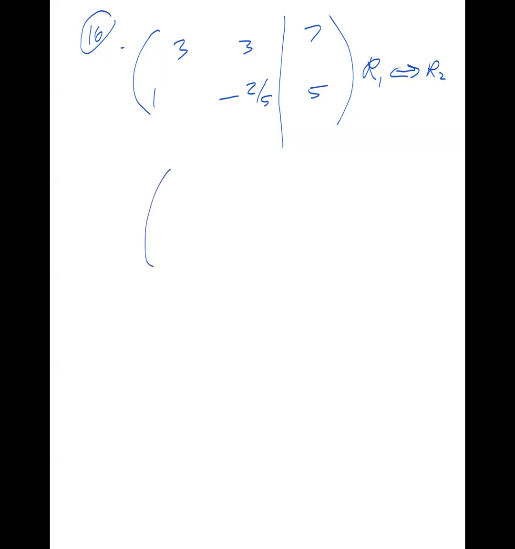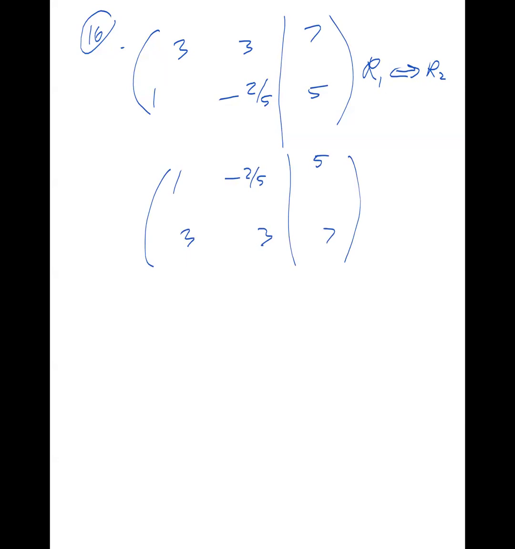By the way, the rows are the lines. If I take the top line and switch it with the second line, I would get the bottom row on the top, and then I get the top row on the bottom. So that's all you have to do. That's the answer. That was pretty easy.